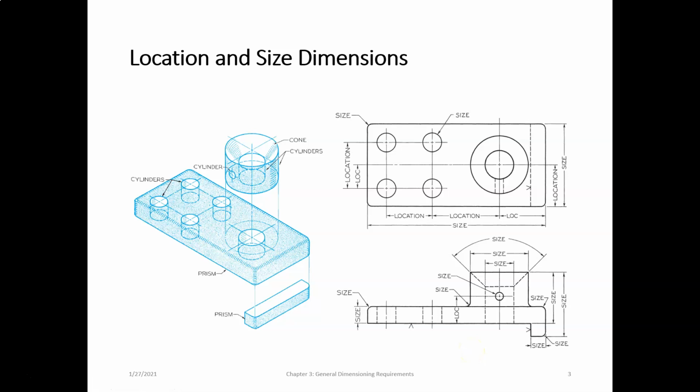If we were dealing with CAD, we might call this a composite solid because it's made up of a bunch of three-dimensional primitives. Now, this is going to help us to not only understand the part, but to understand how to dimension the part, right? Because when we assign size and location dimensions, we want to dimension the sizes of these individual three-dimensional shapes, and then we want to locate these shapes.